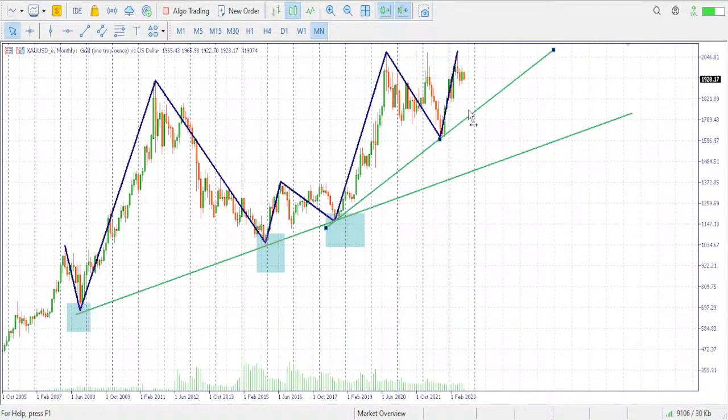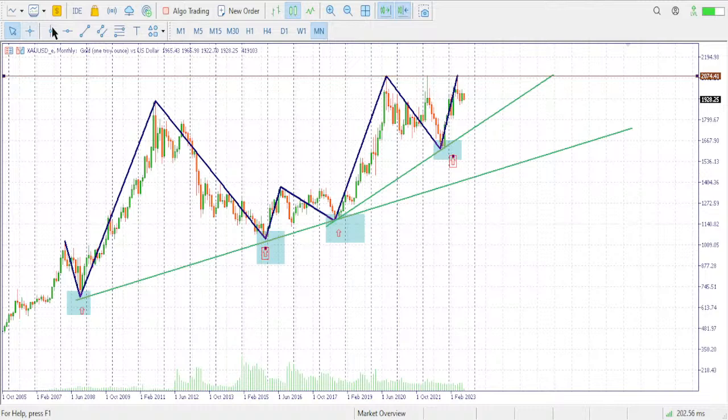So we have this, and at the same time we have another one, which is this one here. So what this indicates is that we're expecting that when the price breaks and closes above this line, it will be a good indication.